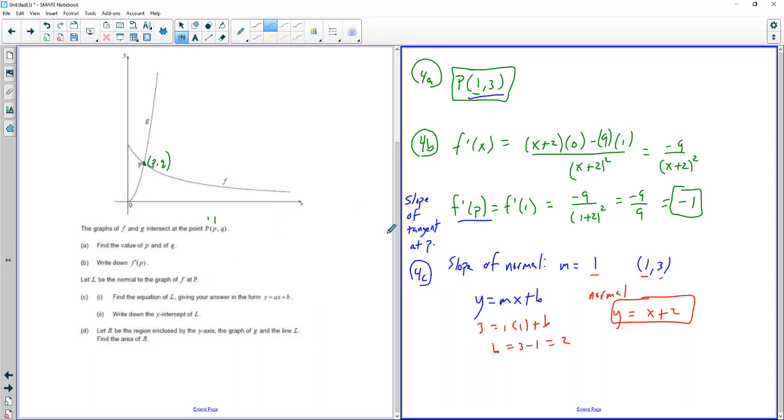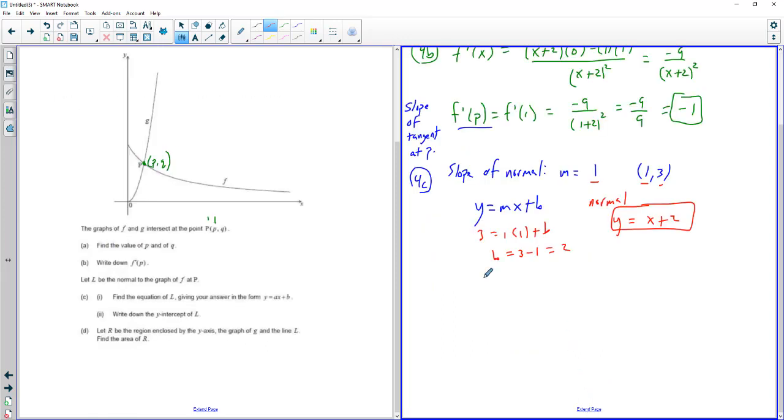Write down the y-intercept of L. I don't know what the point of that was. We had to find the y-intercept of L to write the equation. Okay, I don't really, yeah. That's the strangest question I've ever seen. So this is part 1, and this is part 2. Unless they wanted me to leave it as b to begin with.